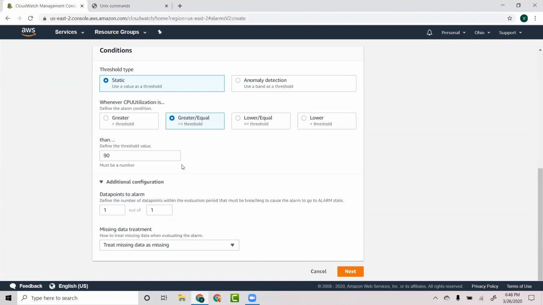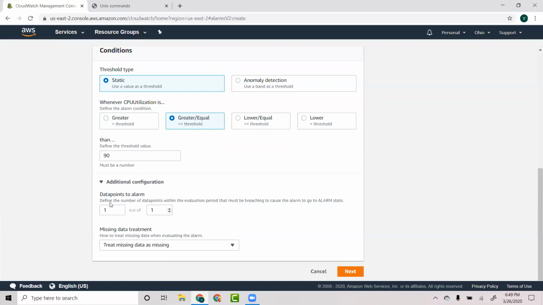If in 1 minute it goes to 90% and the next minute it comes back to 40%, there's no point in us getting notified. At that time, you want to say monitor it for 5 minutes, and if it goes above 90% for 3 out of 5 times, then alert me.